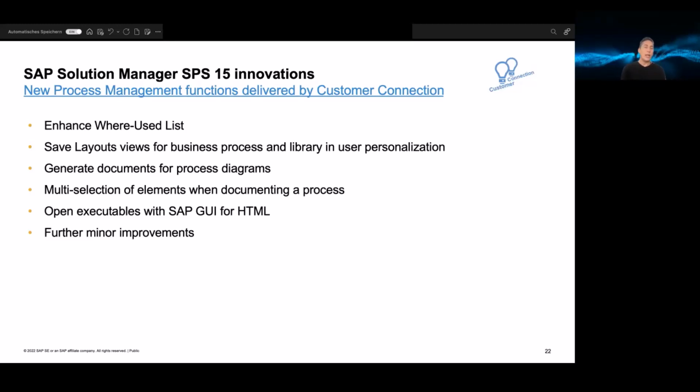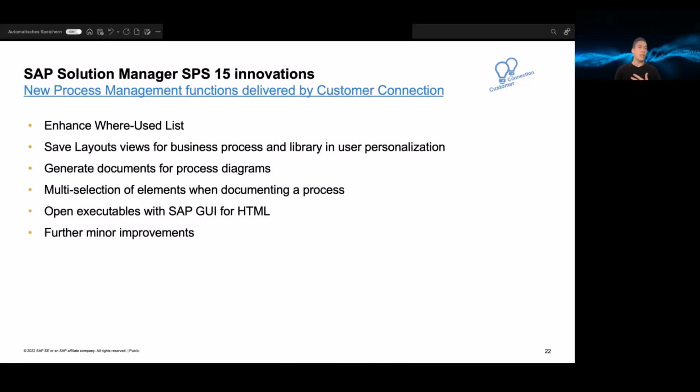Another great feature we introduced is that we can generate a document out of a diagram. We often get requests that customers want to have history options for diagrams, restore options for diagrams, and options like sharing a diagram.